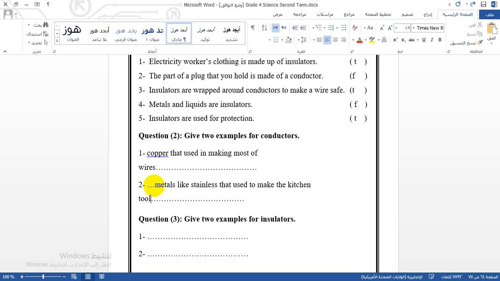Okay, these are two examples of conductors: copper, and metals like stainless steel.